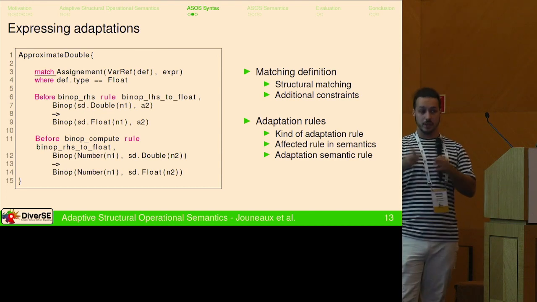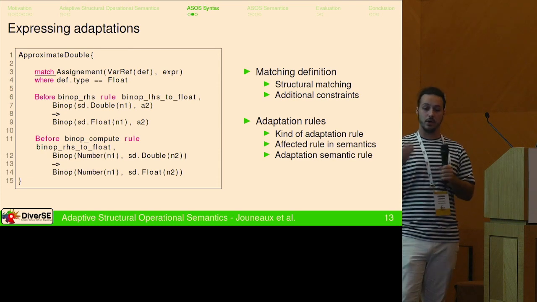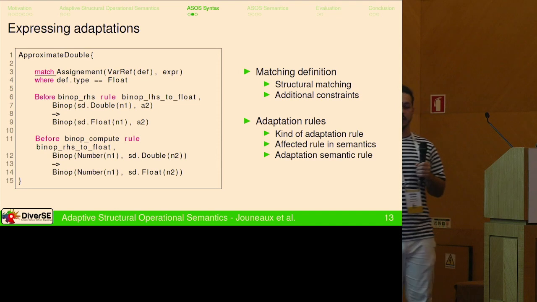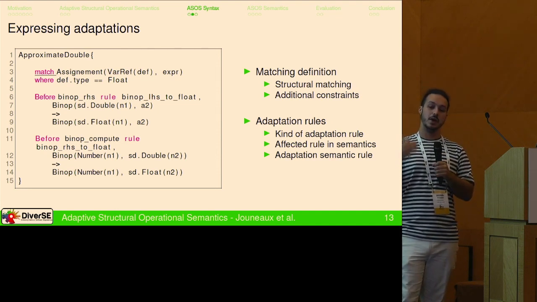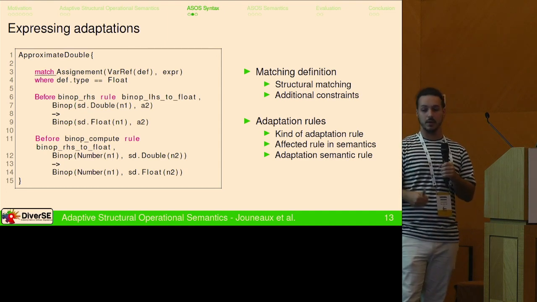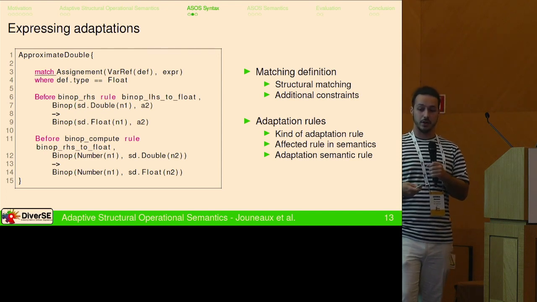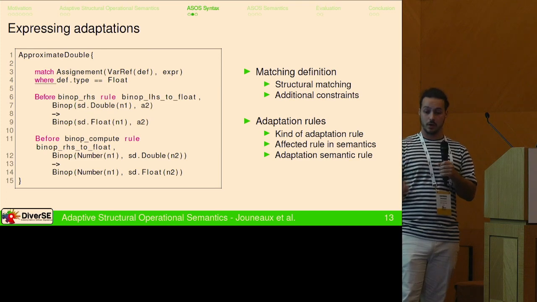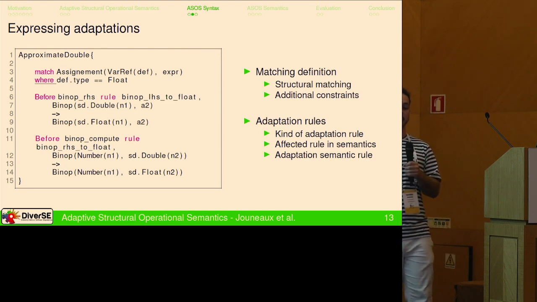First, the matching definition, which is the pointcuts of our adaptation, where we have a structural matching over nodes, saying that we want to apply some rules at some point if we are in a subtree from an assignment which has a varref, for example. And we can also express additional constraints through the where clause. For example, here we target an assignment where the value that is assigned is to a variable of type float.